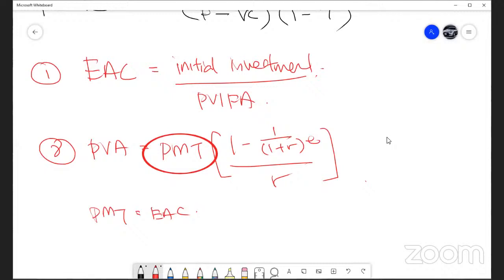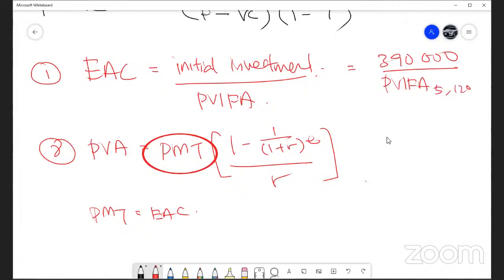So for the first method, you take the $390,000 initial investment divided by PVIFA for 12% and 5 years.